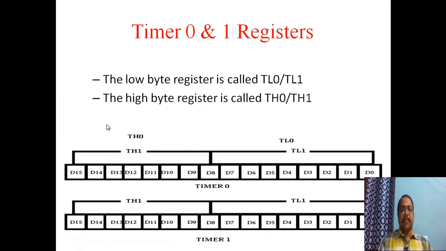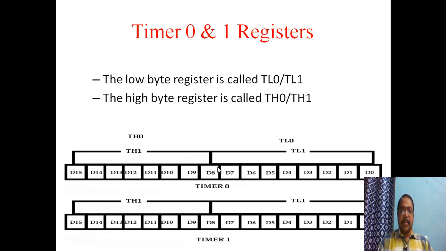So now let us start with the first registers: TL0, TL1, TH0, TH1. You can see it is a 16-bit register, where the 8 bits are split up. Whenever you want a timer, you have to load this register, and from the loaded value it will start.